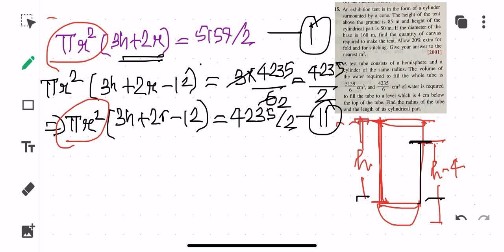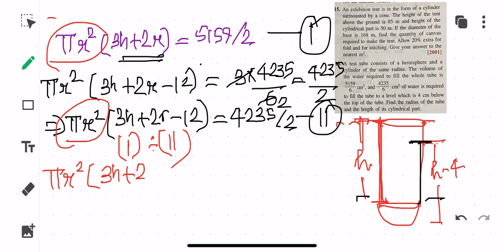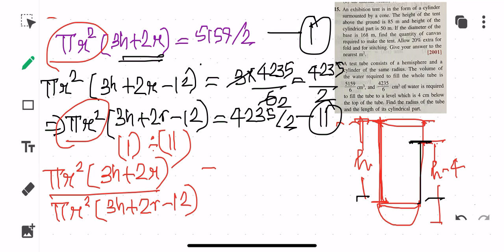So what I can do, I can just divide both the equations. Equation number 1 divided by equation number 2, I am getting πr²(3h + 2r) divided by πr²(3h + 2r − 12) is equal to 5159 divided by 2 over 4235 divided by 2.